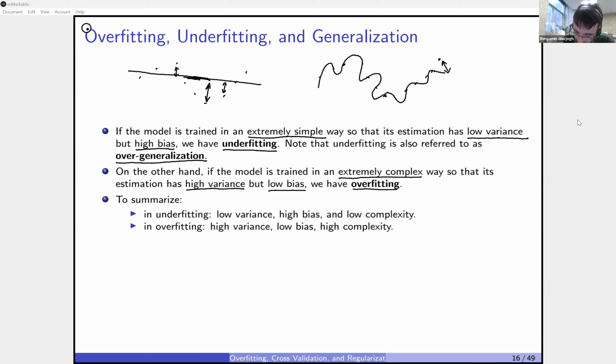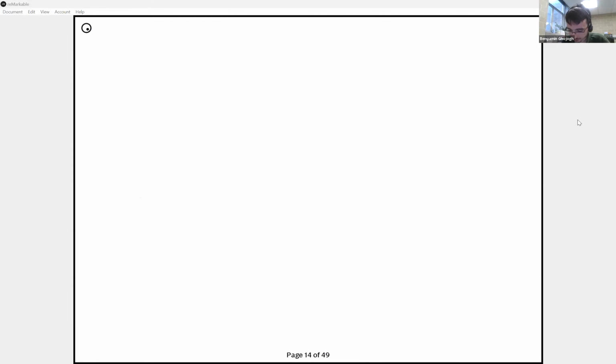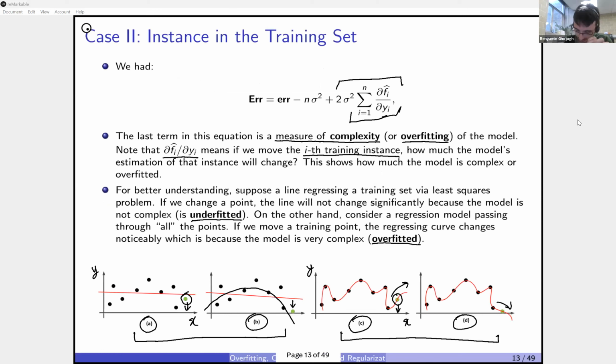So in underfitting, we have low variance, high bias, low complexity. However, in overfitting, we have high variance, low bias, and high complexity. For example, in figures A and B, we have fitted a line, so it's just underfitting.